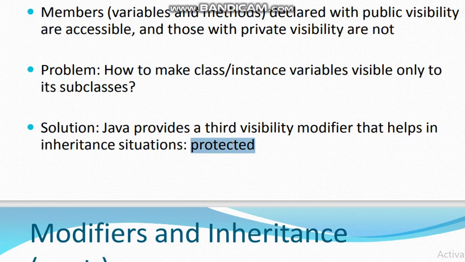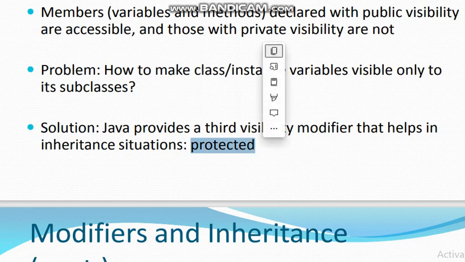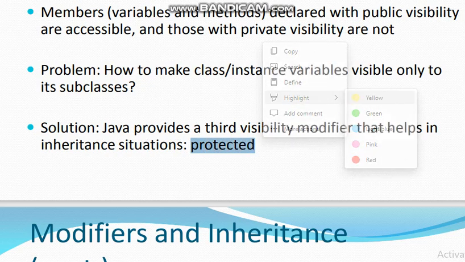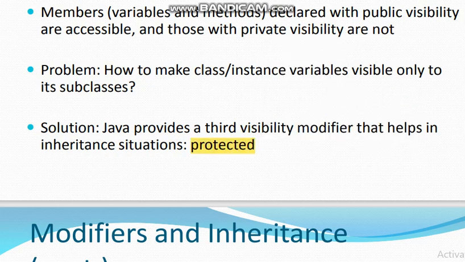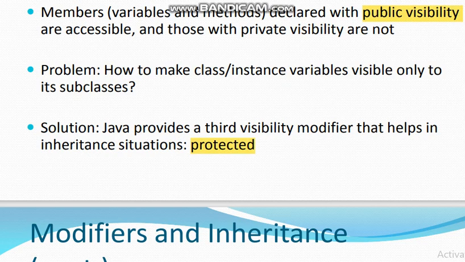Java provides a third visibility modifier, and that is nothing but protected. As we know, we have two visibility modifiers: the public visibility and the private visibility. If it is public, it will be accessed by everyone.